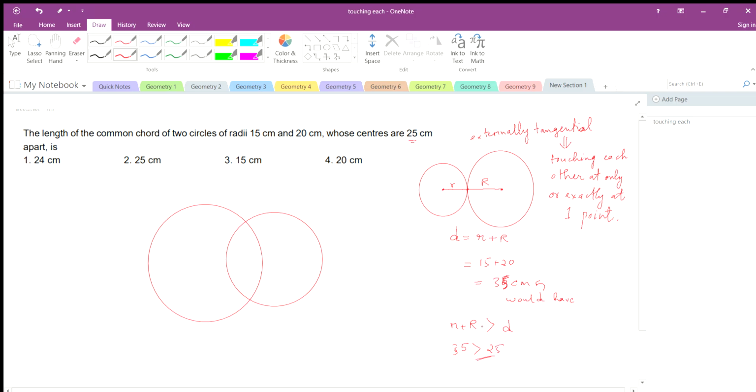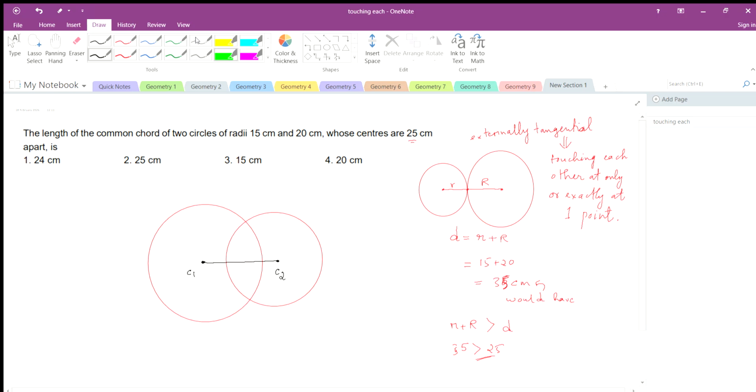If this is the case, which is as per the question, then the diagram will be this. Just a theory part that I have explained to you. Now let us say that this is the center C1 of the larger circle, this is center C2 of the smaller circle. Let us join these two centers.